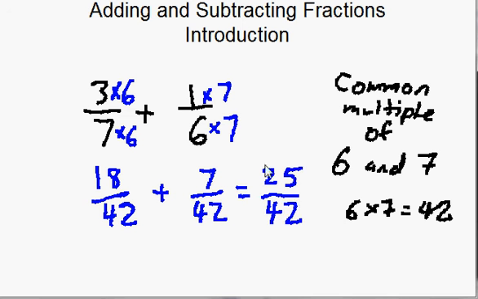Can this be reduced? Well, 25 is only divisible by 5, and 42 is not divisible by 5, so this cannot be reduced, and that's the final answer, 25 over 42. So you can see that one method that always works is just to multiply the left fraction top and bottom by the right denominator and the right fraction by the left denominator.